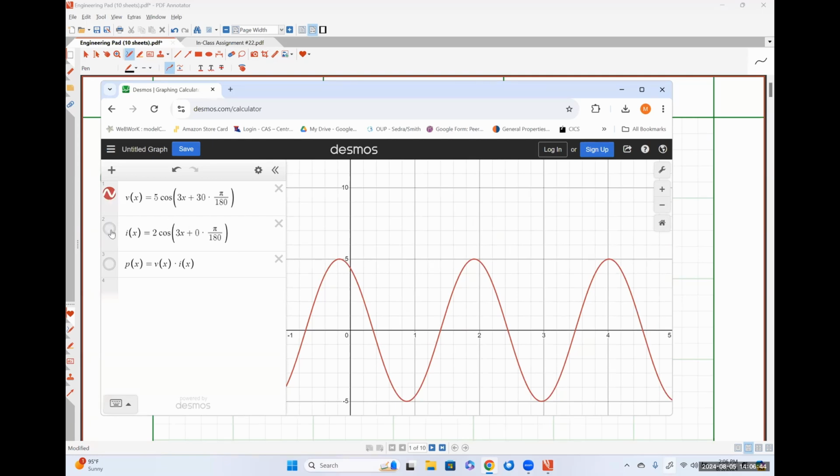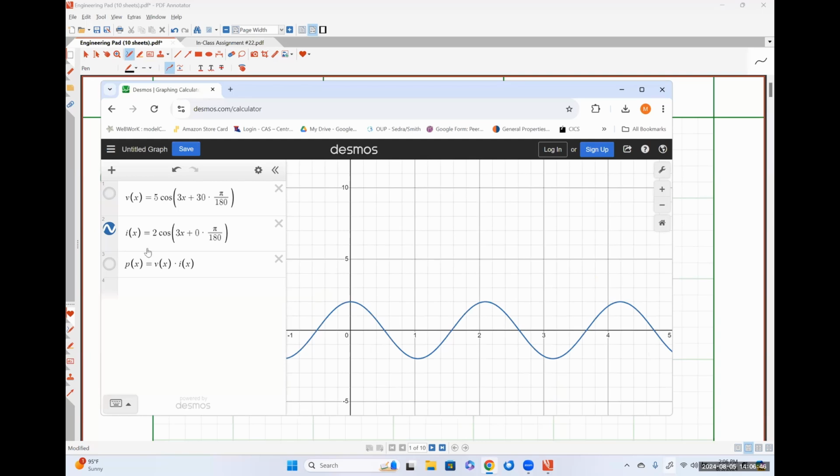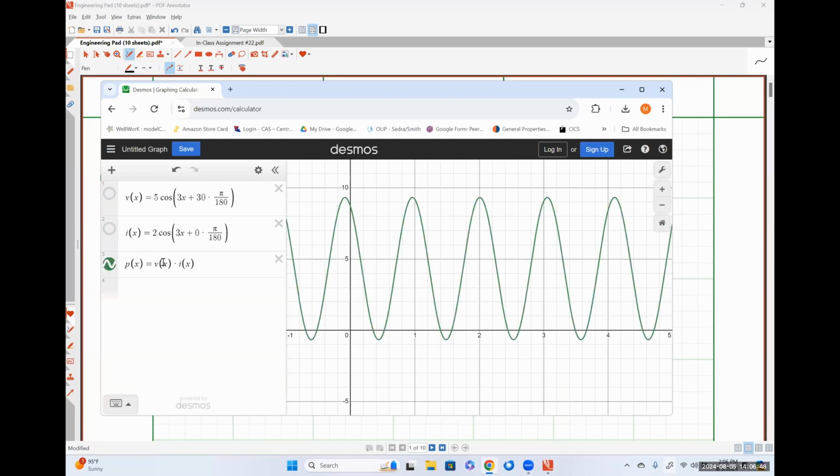Same thing for our current. But when we look at just the power by itself, the signal is no longer exactly half above the horizontal axis and exactly half below. Instead, it has been shifted up by some amount. So our power waveform as a function of time includes some DC offset.